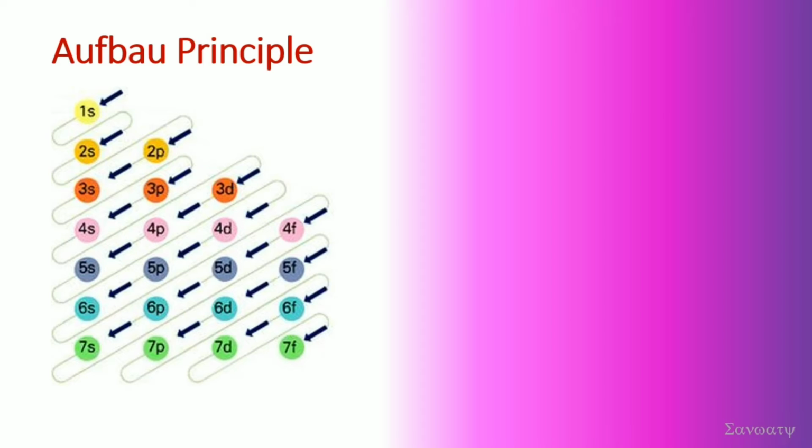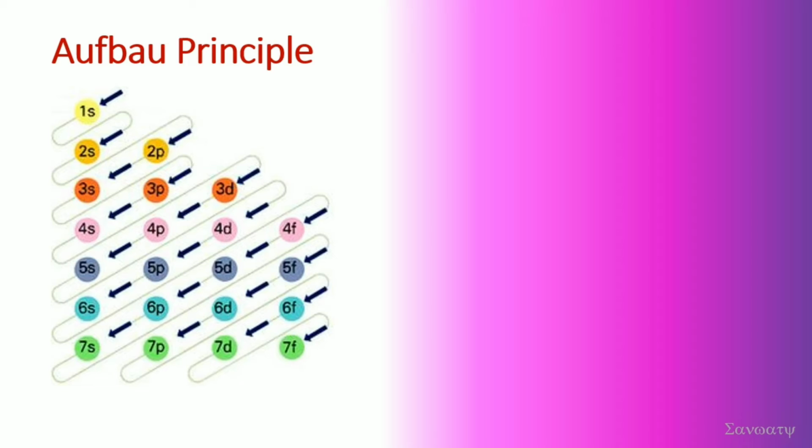So if we have some electrons, they will fill orbital 1s first, which can have 2 electrons, and then the remaining will fill 2s, which can have 2 electrons as well. Next is 2p, which can have 6 electrons. Then 3s, which can have 2, and then 3p, which can have 6.